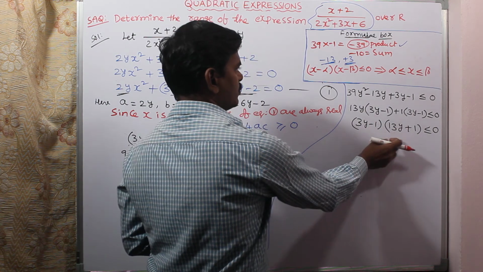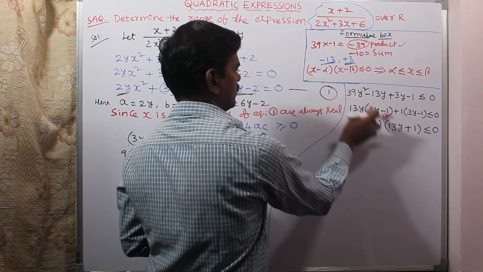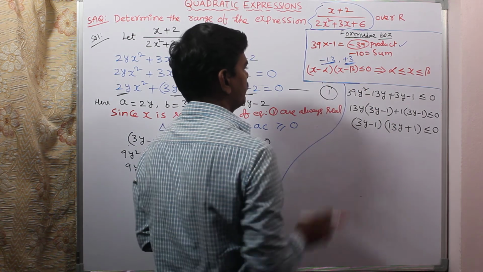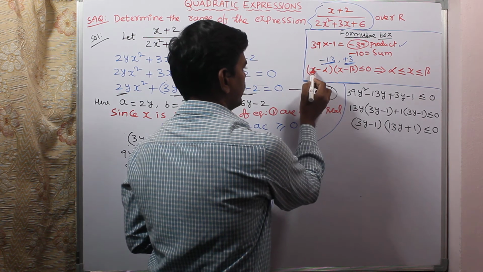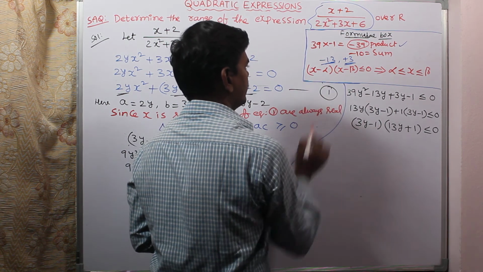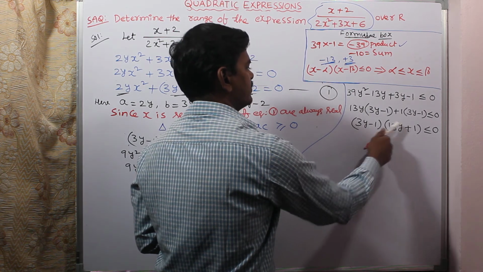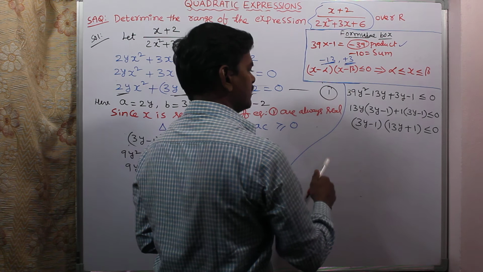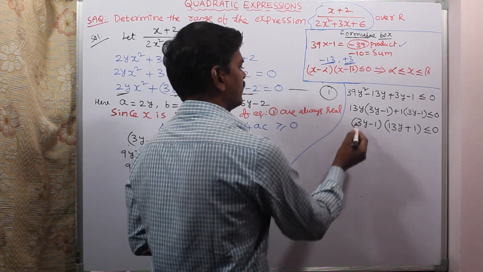So if you compare, it is not in the form of the formula as it is. Just see, the coefficient of x is 1 in both cases, but here we do not have that. The coefficient of y here is 3, here 13. So we should make it 1. How can we make it 1?